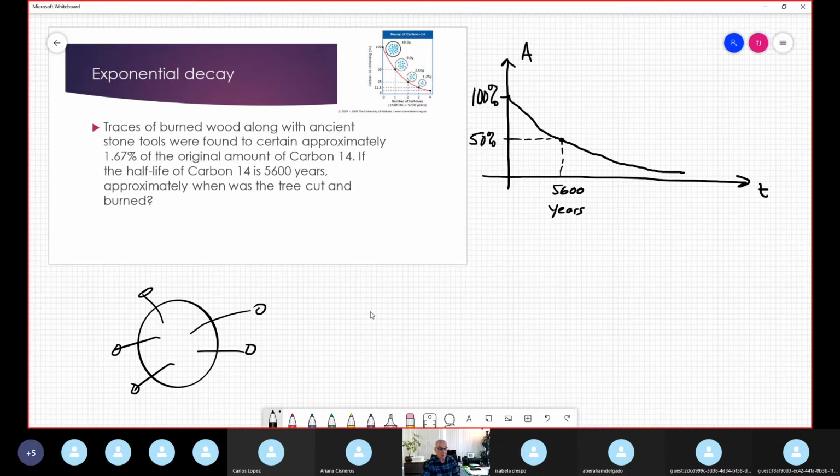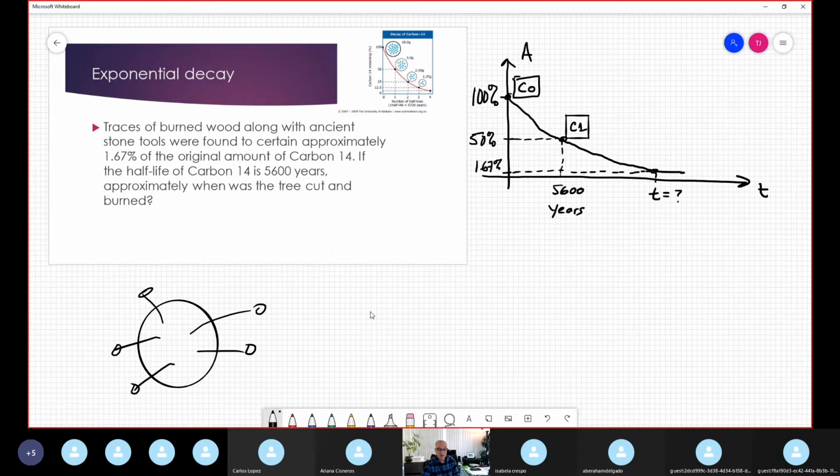However, our sample has only 1.67%. I need to find the time for this. This is my goal. It is my unknown time, t, for this piece of wood. Again, we have condition 0, the initial condition, and condition 1, which allows me to find the k because the formula is the same.